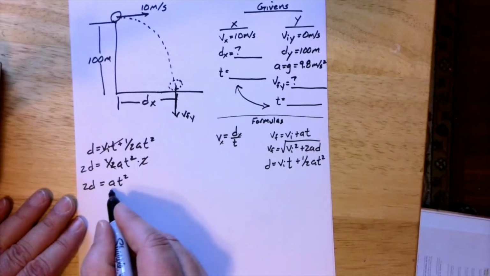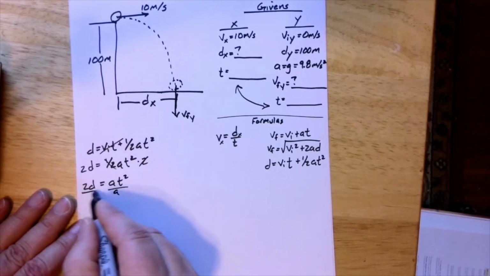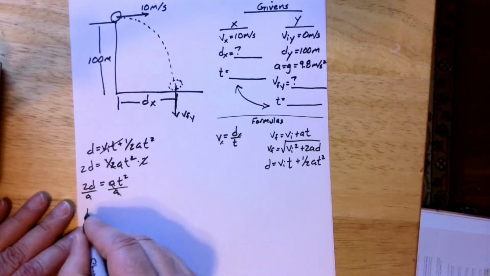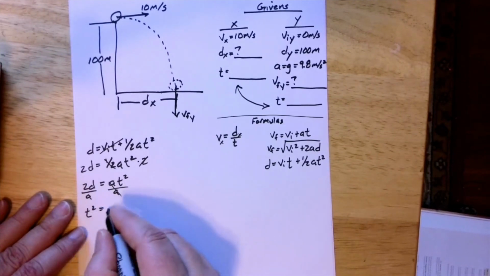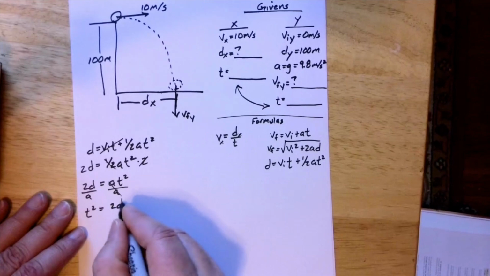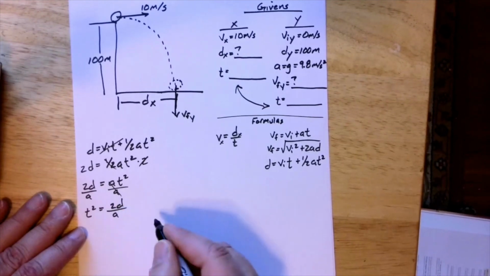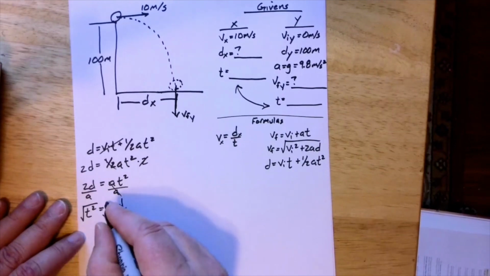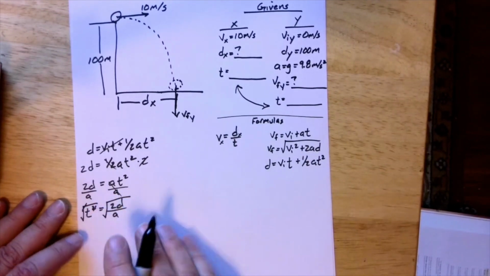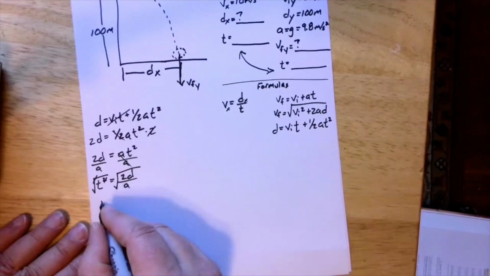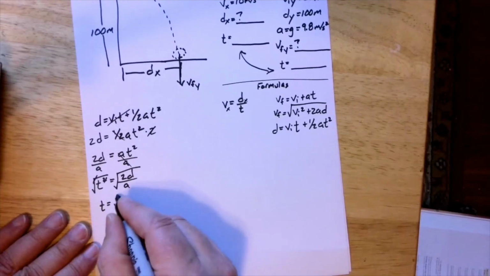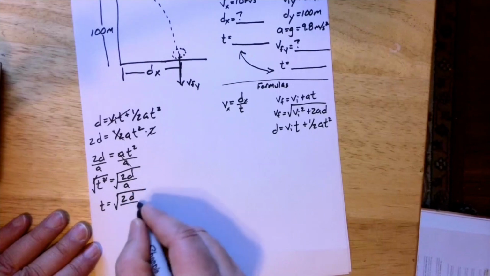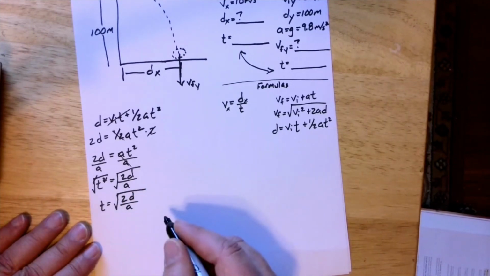Then I need to divide out the A. These two cancel out. And then t squared is equal to 2d all over A. Then to get rid of the square, I need to take the square root. These two will cancel out. So time is equal to the square root of 2 times the distance all over the acceleration.